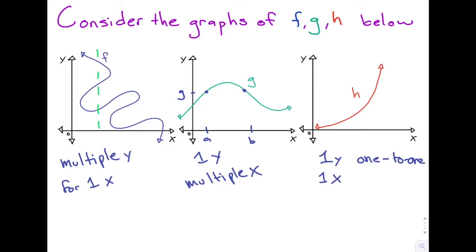The first one we know is not a function. The second one we know is a function, but still we might want to consider this property that has a single y for multiple x's. That is, for 2 distinct x's, we get the same output.